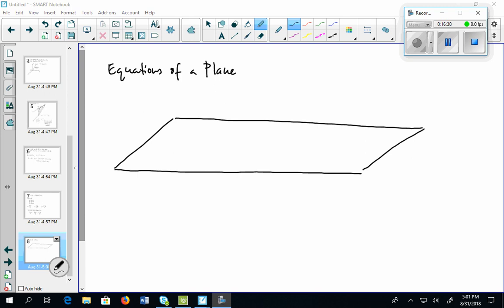All right, let's talk about equations of a plane. Here we start with a plane in 3-space, and let's put a point on the plane, and we'll call that x₀, y₀, z₀. And there's a vector in the plane, parallel to the plane, pointing to the point x, y, z.